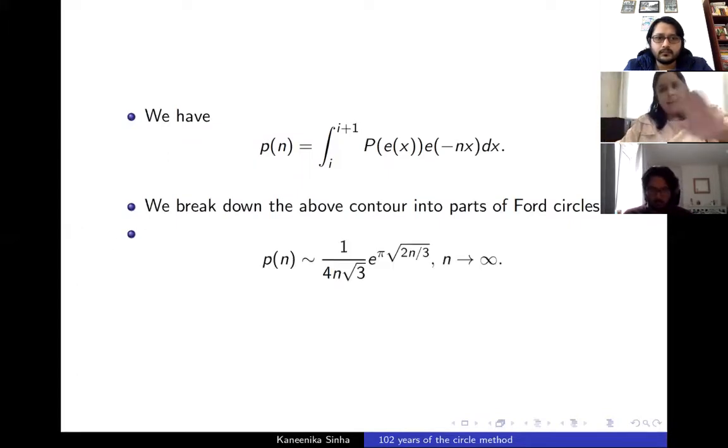But after doing all that work, one can derive an asymptotic: as n goes to infinity, P of n is asymptotic to this function. So now the question is how do we tackle this contour integral?